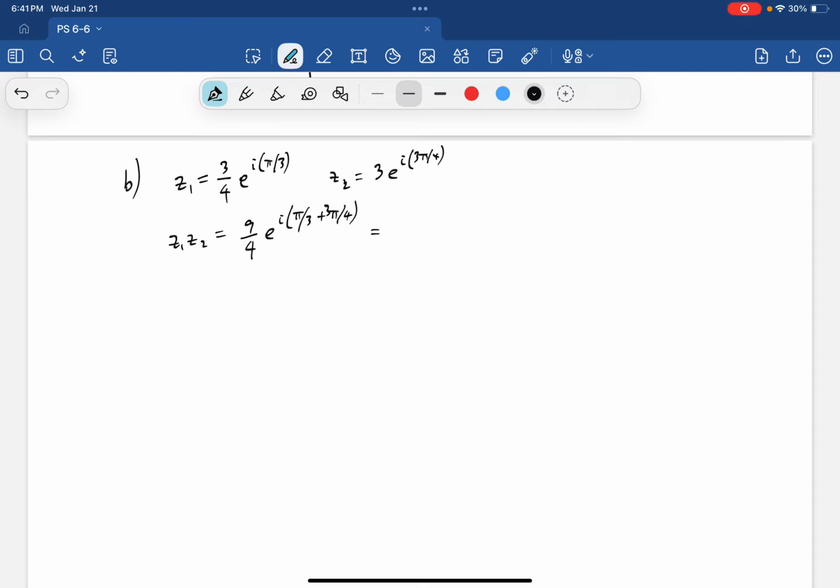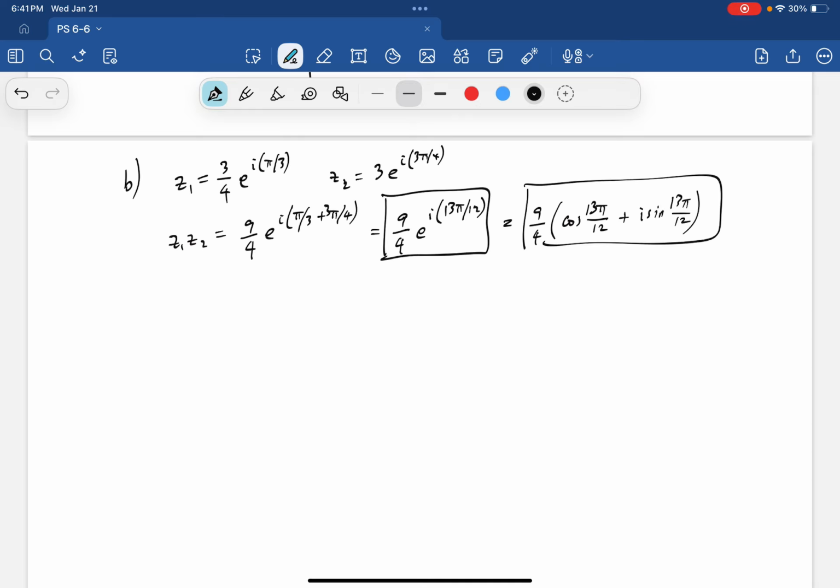That'll give us 13 pi over 12. Okay. Then z1 divided by z2 will be 3/4 divided by 3 is 1/4. So that subtraction is negative 5/12.